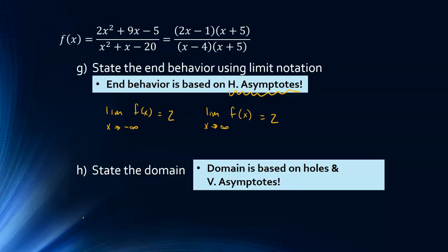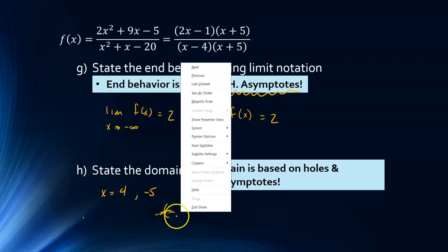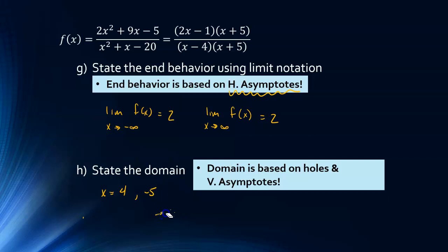And lastly, the domain is based on the holes and asymptotes. It deals with the restrictions, what x can't be. So remember, x can't equal 4 and x can't equal -5. It's based on those vertical asymptotes, so it can be everything else. If we want to use a number line, you can. Let me do that. For some reason, this isn't erasing. There we go.